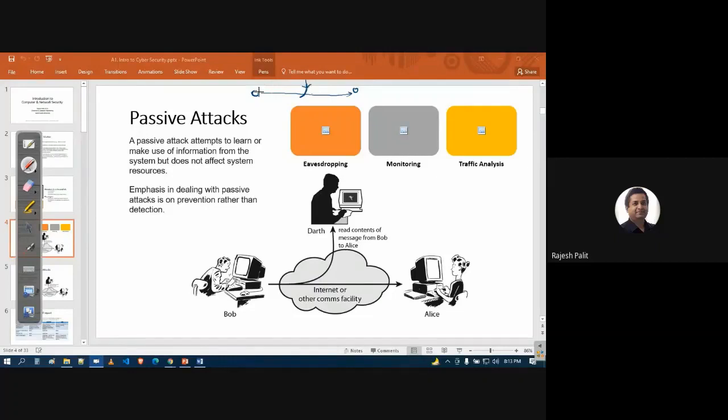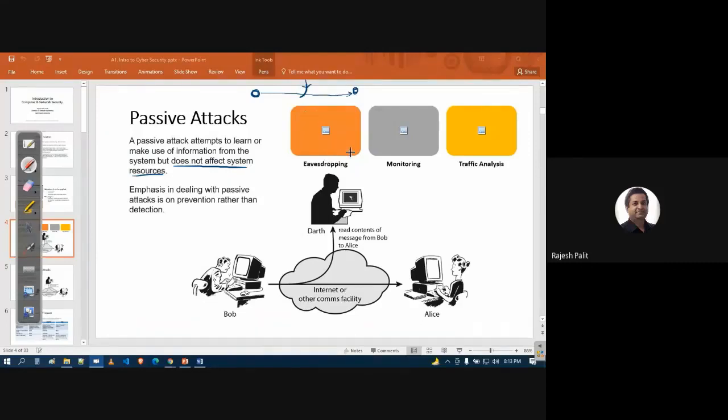The communicating parties are unaware that someone has got a copy of what they are communicating. You got the point. It does not affect the system resources, everything remains the same, but somehow the attackers get a copy of the information or data. It is very difficult to detect because there is no change in the system.